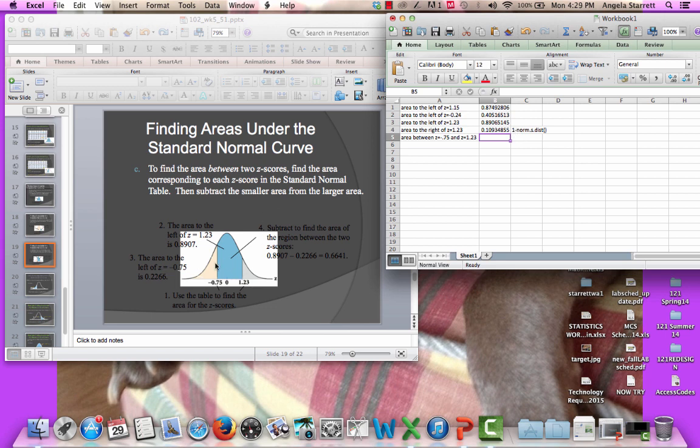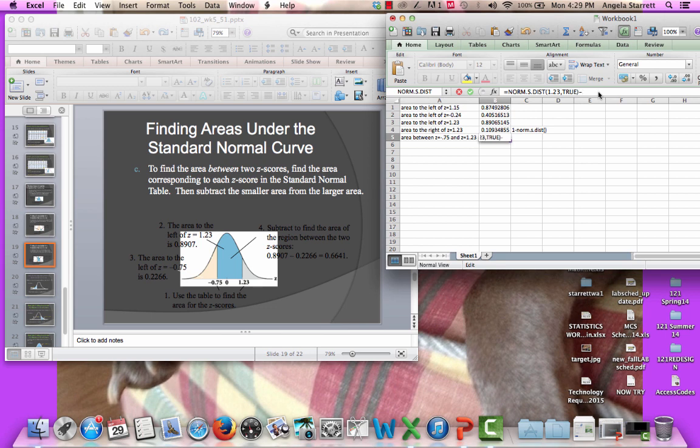I don't want anything to the left of negative 0.75. All right, so how are we going to do this? We're going to do equals norm.s.dist. All right, and I start with the one furthest to the right, 1.23. All right, so if I were to do enter right now, then clearly I get the entire area to the left of 1.23. I want to stop at negative 0.75.